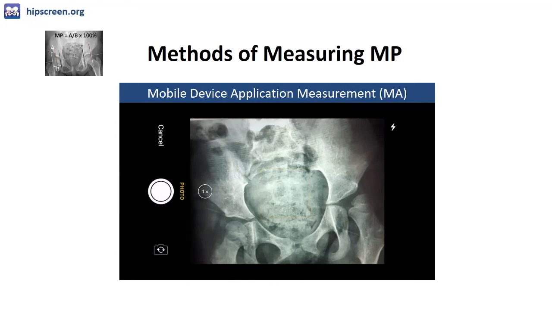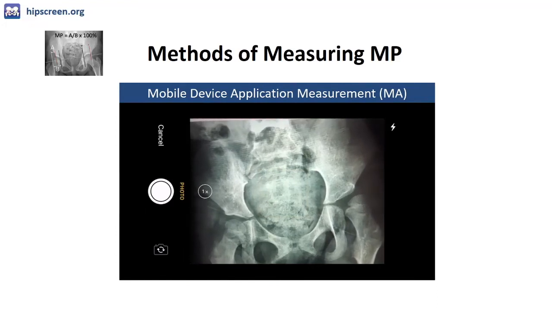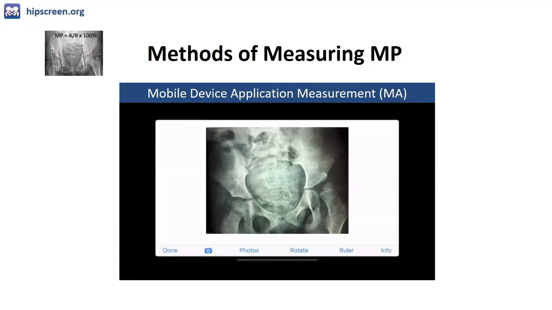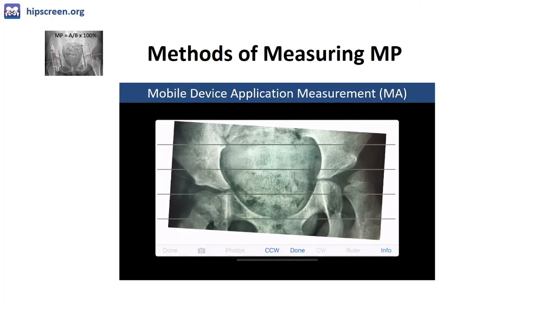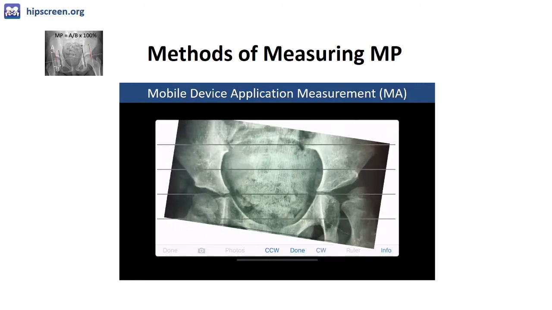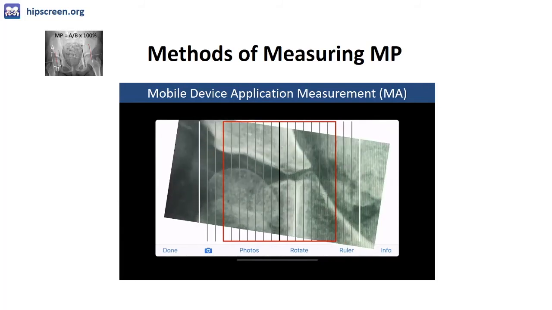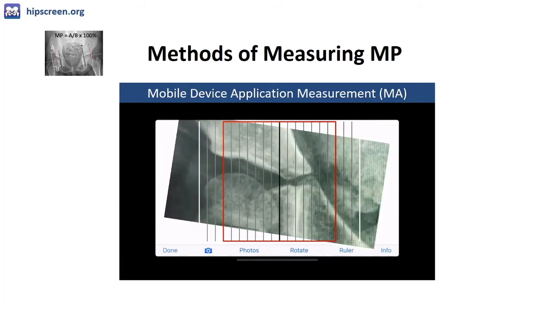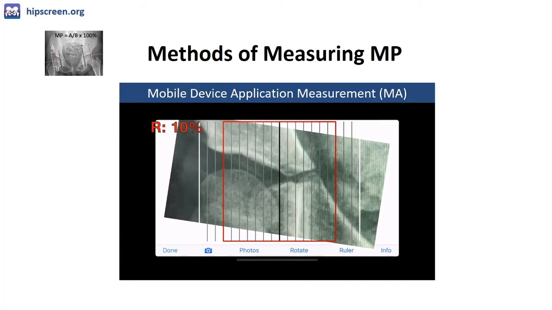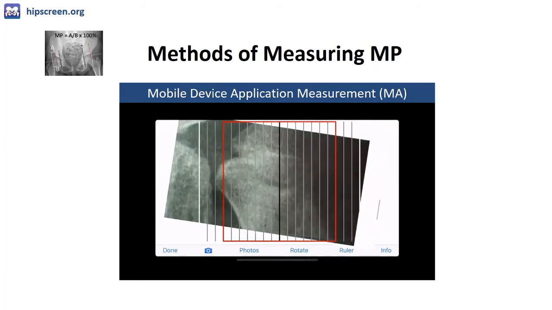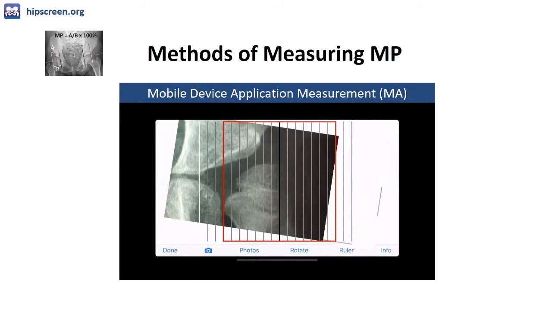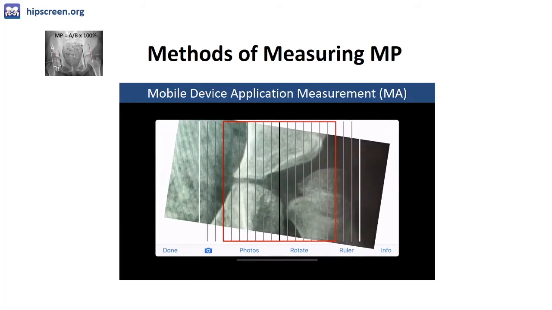We select the camera, we take a photo of the image, and then, now this is a little bit on warp speed, we use CCW and CW to level the image, and then we can zoom in. We place the femoral head on the appropriate half of the ruler, which allows us to make an on-screen measurement without any measurement of distance, and we can use the other half of the ruler for the other hip and make an on-screen measurement.